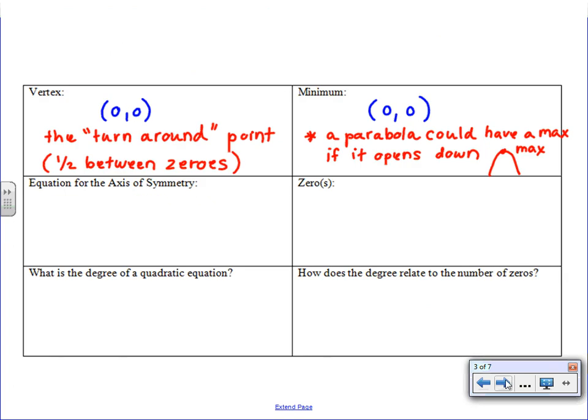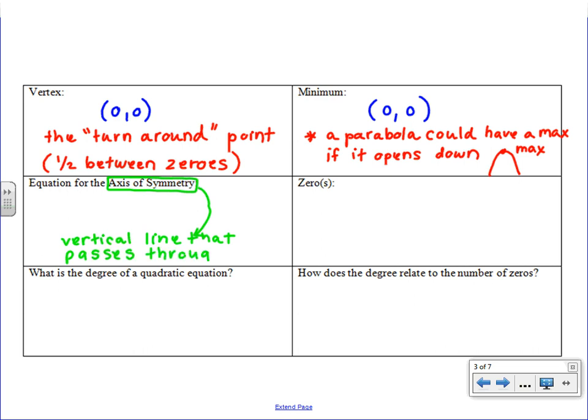And so when we talk about the axis, we're going to refer to it as the vertical line that passes through the vertex. Now, because it is a vertical line, you should be able to write the equation for that vertical line.